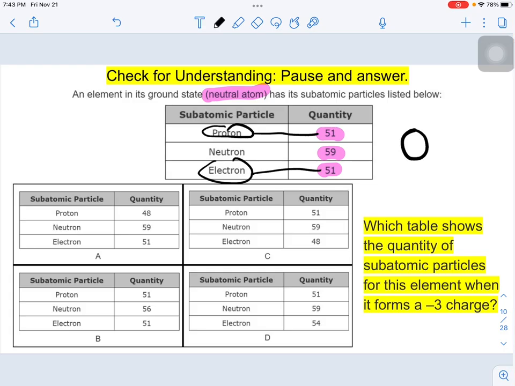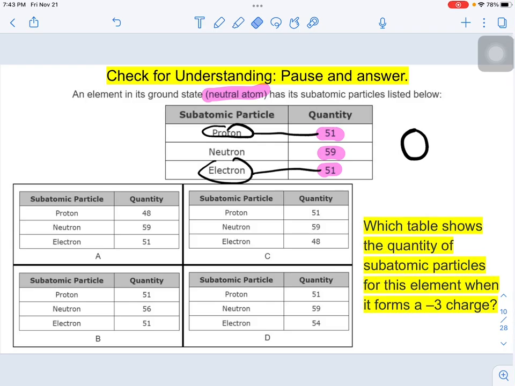But we need to pay attention to the question. And the question tells us down over here, which table shows the quantity of subatomic particles for this element when it forms a negative 3 charge. So we need to go from a neutral atom at the top to an atom that has a negative 3 charge.